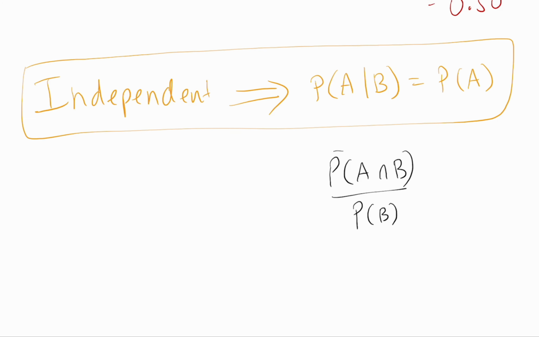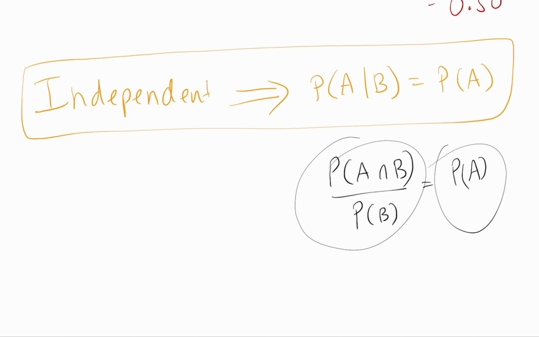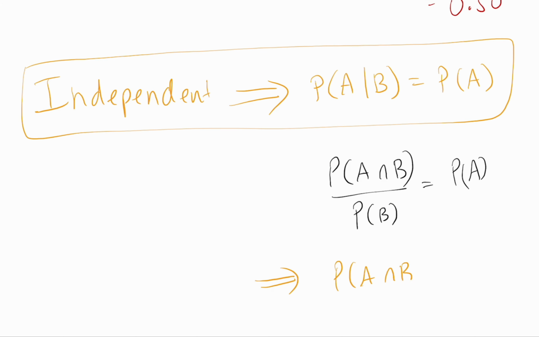That's just from earlier, the overlap over B. And we're claiming that two events are independent if that equals just the probability of A. If you simply multiply P of B to both sides, the left-hand side cancels and you just get P of A intersect B. And on the right-hand side, this becomes P of A times P of B.